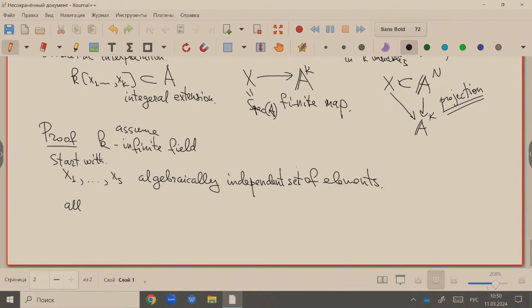So we take a transcendence basis, a maximal algebraically independent set, and all other elements are integrally dependent.